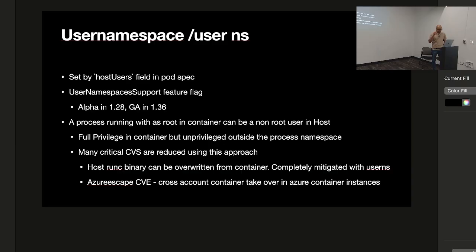There was an issue in the Azure Container Instances service. Researchers escaped the containers running on the node, and they were able to view the containers on a separate node. How Azure Container Instances works behind the scenes is that the isolation boundary is at the node level.